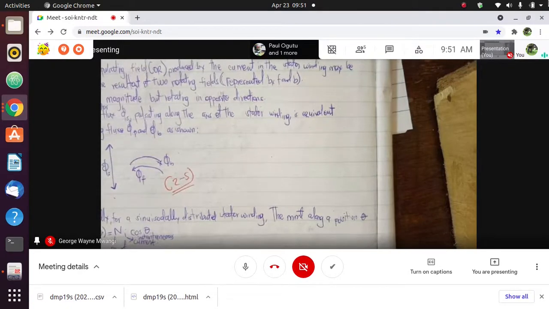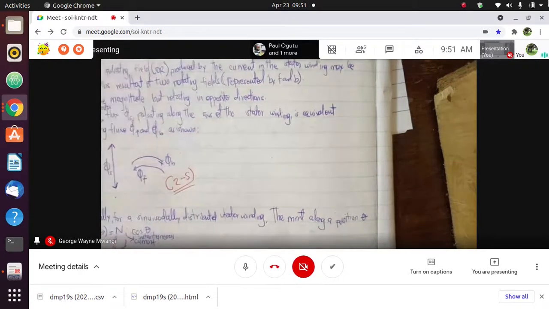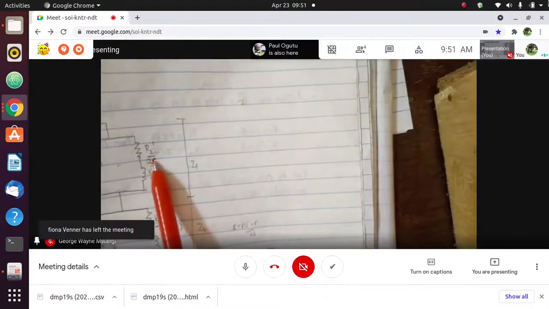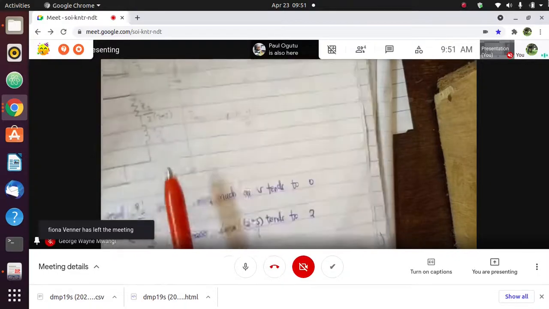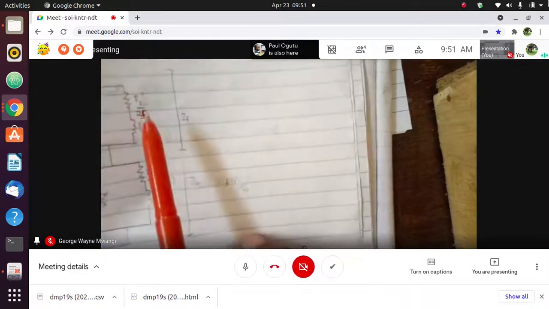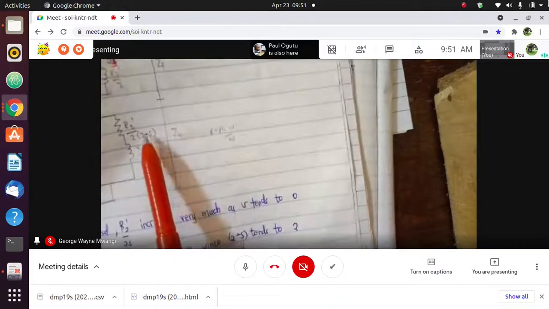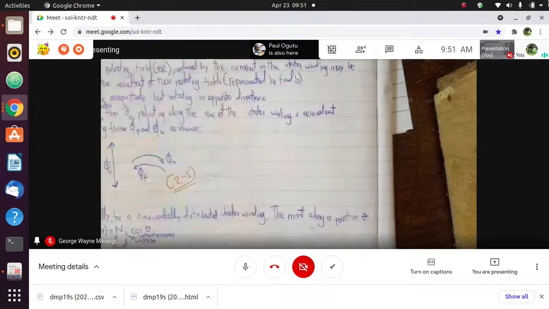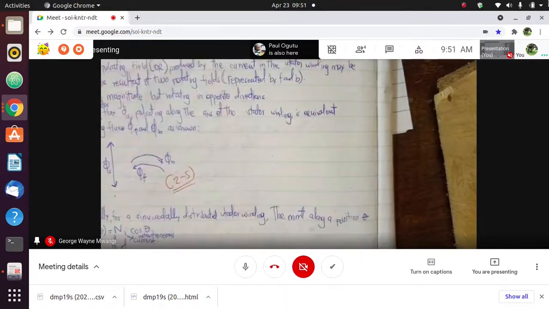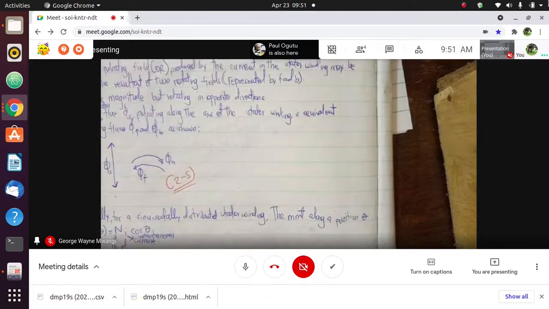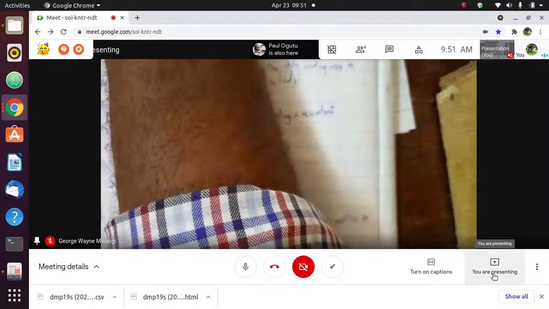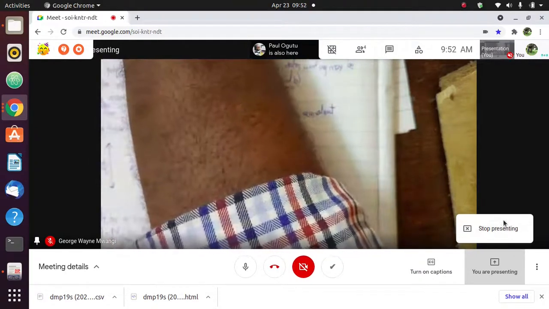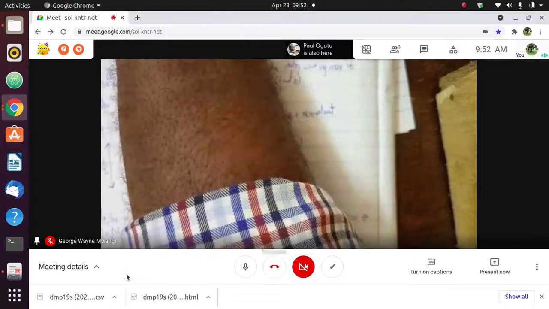The only difference you will see in those two formulas is the slip. The slip in the forward moving field is S, and the slip in the backward moving field is 2 minus S. So we can go through that example again and see whether you understand. If you don't understand, then we will do it again. But that is us calculating the performance of a single phase induction motor.